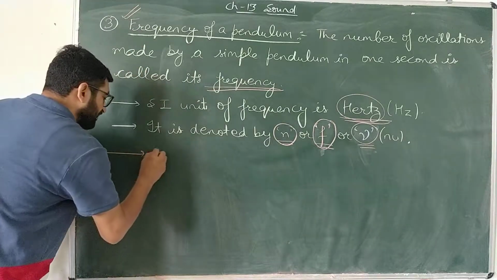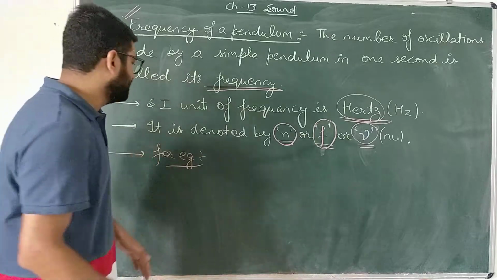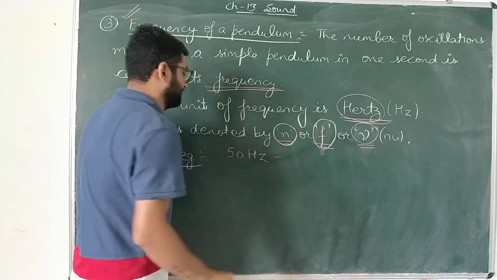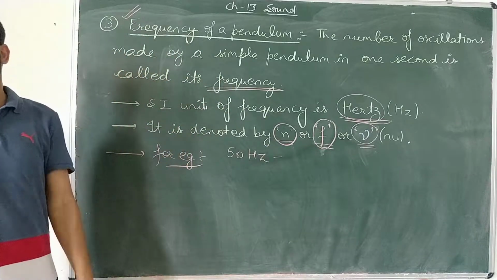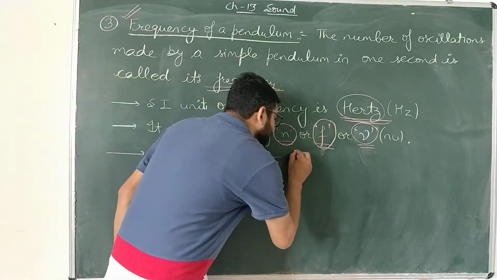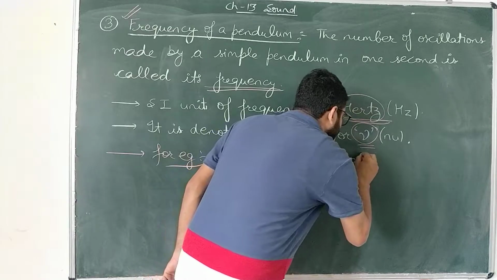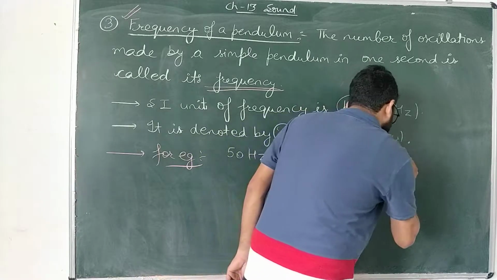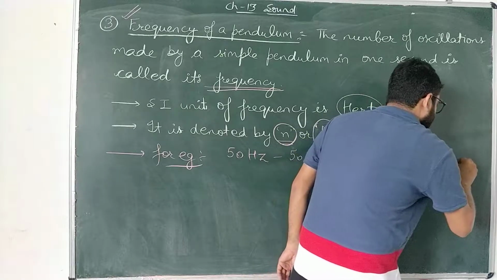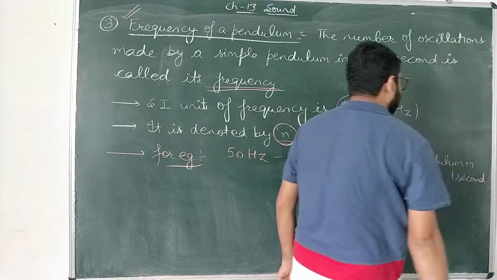Now bache, for example, if the frequency of a sound is given as 50 hertz, what does it mean? अगर बच्चे आपको फ्रीक्वेंसी दी गई है 50 hertz, क्या मीनिंग है इस बात का? That means 50 oscillations are completed by a pendulum in 1 second.